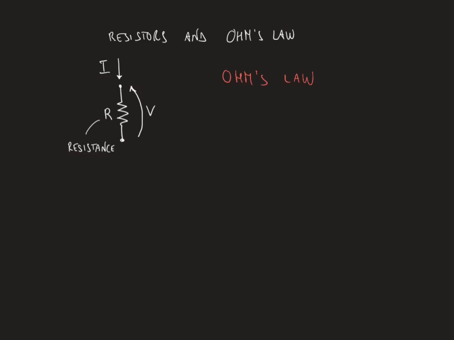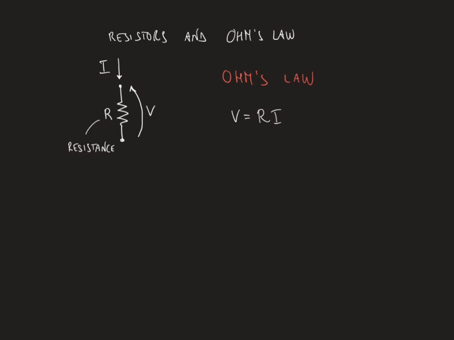In particular, Ohm's law says that in this resistor, V is equal to R times the current I. So the resistance R is the proportionality factor between the voltage across the resistor and the current flowing through it.